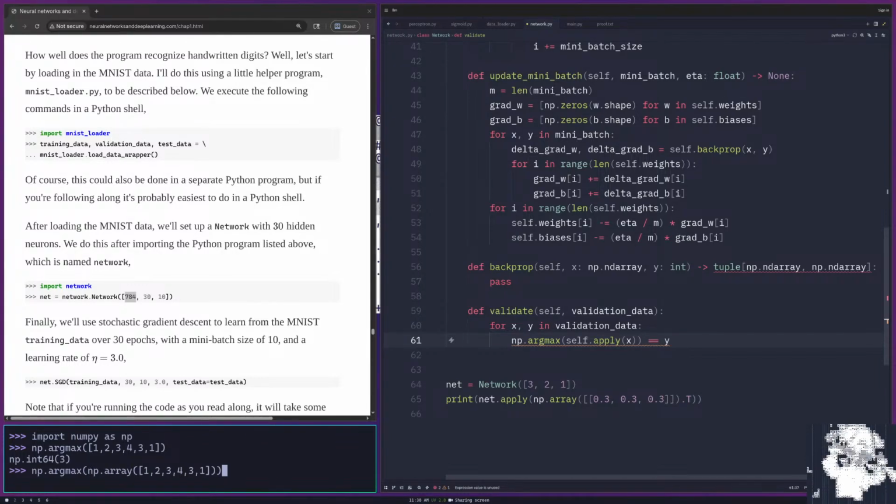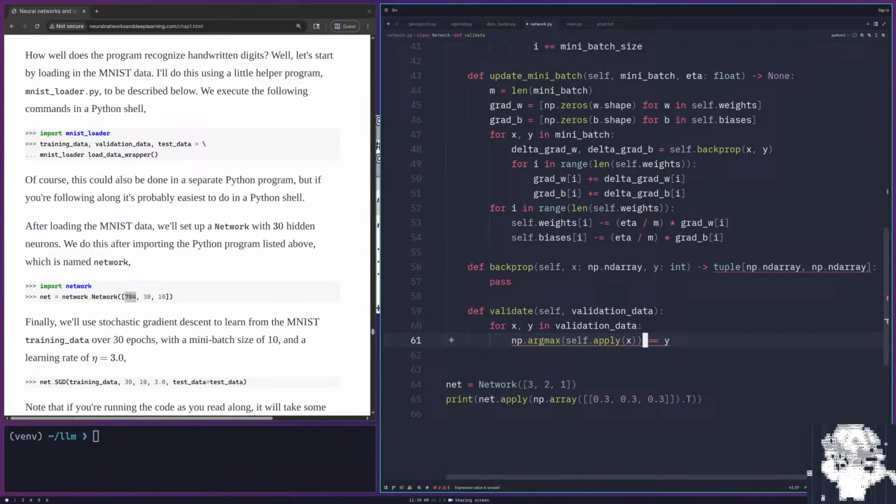Oh wait, 3 is not... Wait, actually, yes. What I want is the index of the maximum. Is that what argmax does? So if this were 3, 2, and this one were 9. Oh, okay. So that is what argmax does. So this is what I want.